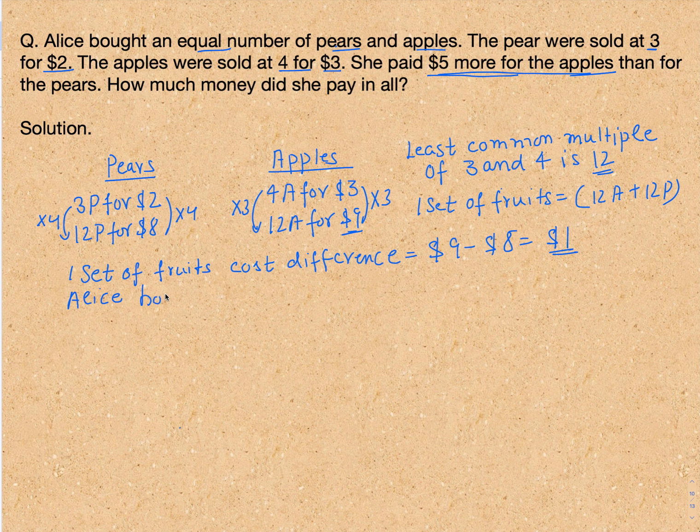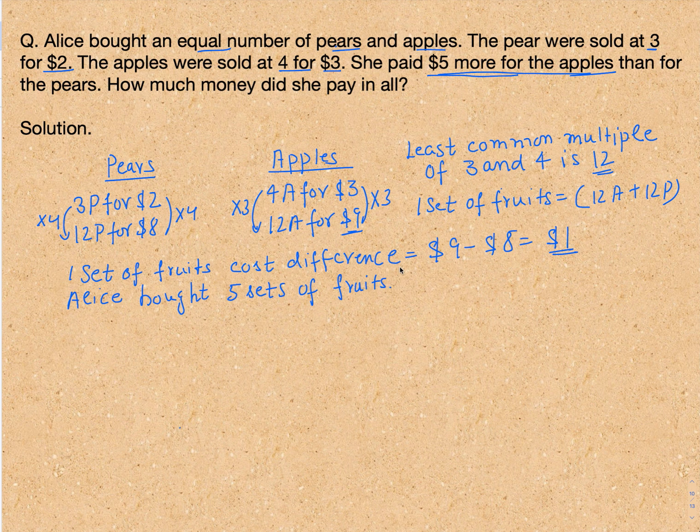It's common sense that if there is a price difference of $1 for one set, there will be a price difference of $5 for 5 sets. That means Alice bought 5 sets of fruits.